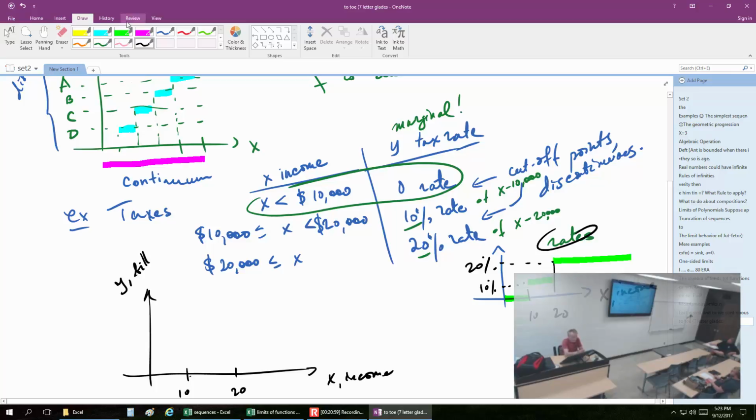The beginning is still the same. Once again, I'm not paying anything for the first 10,000. Okay, what happens then? It goes up 10%, but only on what's above 10,000. So in other words, if I earn 10,000 and 11,000, how much do I pay?